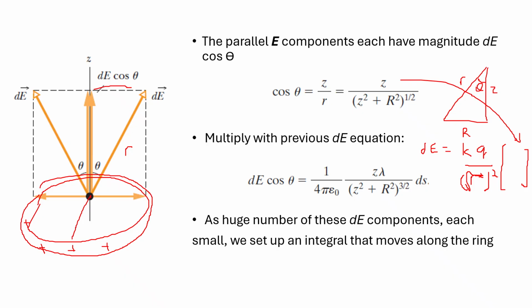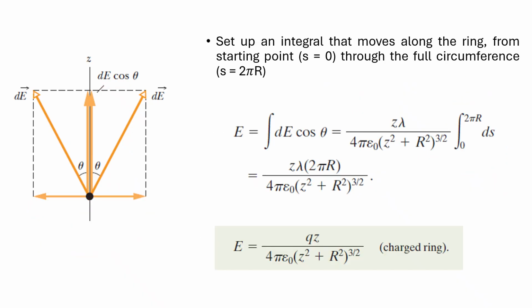As there is a huge number of these small dE components, we set up an integral that moves along the ring. So a small integral along this ring. We solve for this charge element, so we have the arc length, produced from s equal to 0. Let's say the ring is like this.